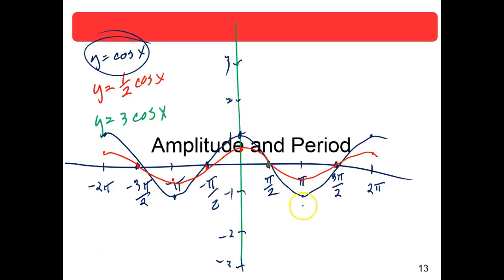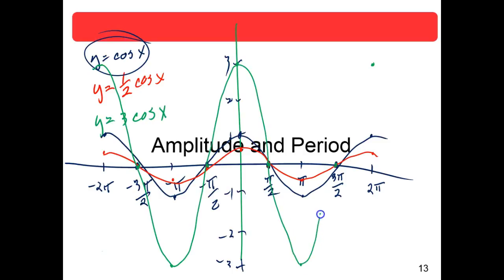But now 3 times minus 1 is minus 3. 0, plus 3, 0, minus 3, 0, plus 3. Now your curve goes like this. Still has to pass through the zeros and through the maxes and through the mins and keeps on trucking.